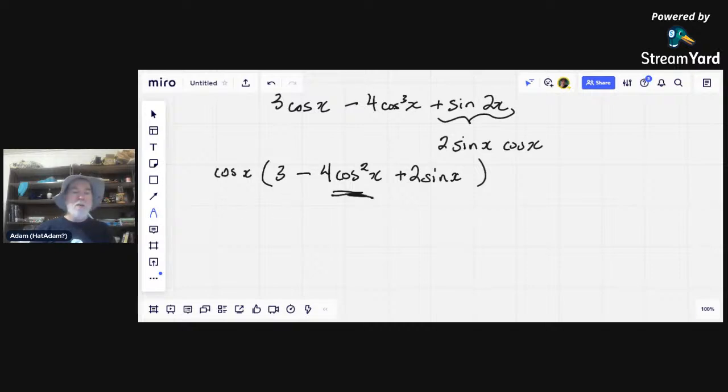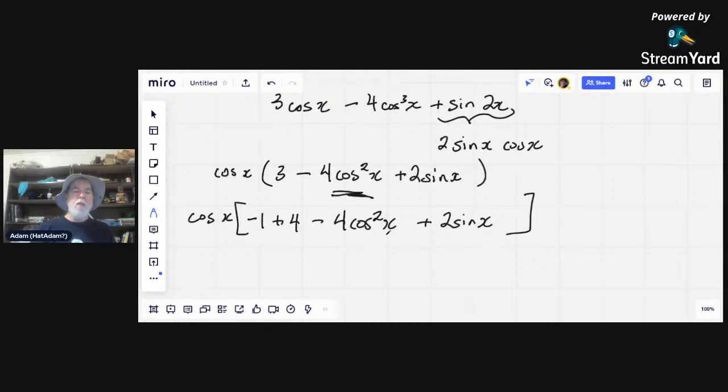So we'll keep that cosine x and all the stuff here. And this 3, we're going to convert into a -1 plus 4. And then we've still got -4 cosine squared x plus 2 sine x.